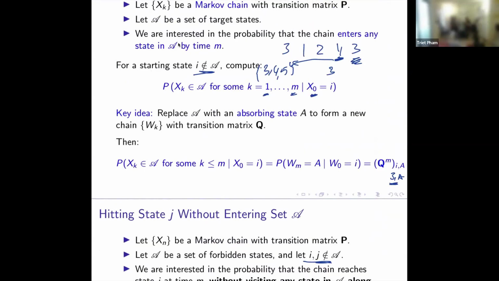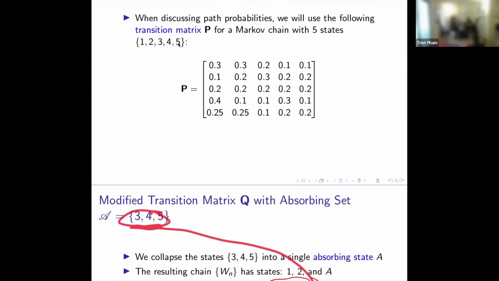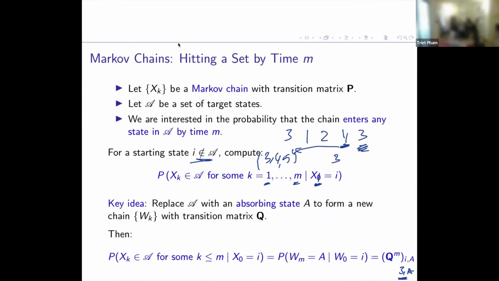Do you understand? So basically it's about technicality, because when we convert P to Q, we effectively do not see 3, 4, 5 as separate states anymore. So if we want to talk about 3, 4, and 5 at the beginning, of course, notice this question, as Kathy would have thought about: if you have x1, then of course the probability is 1 because you're already there.